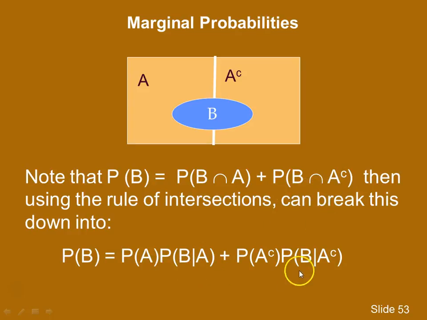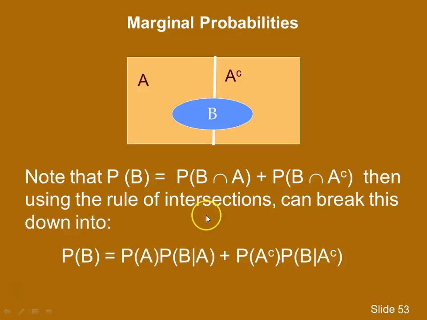B intersect A complement is P(A complement) times P(B given A complement). And so now we've got the probability of B is the sum of these two sets of probabilities. It's the probability of A times B given A, plus the probability of A complement times B given A complement.